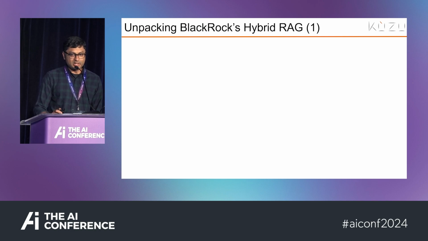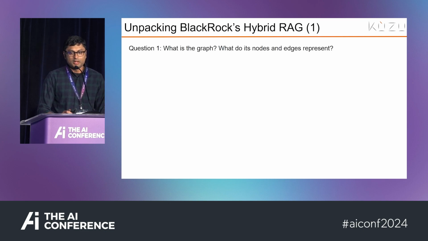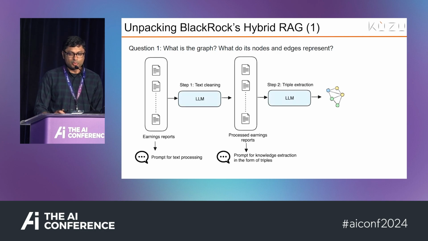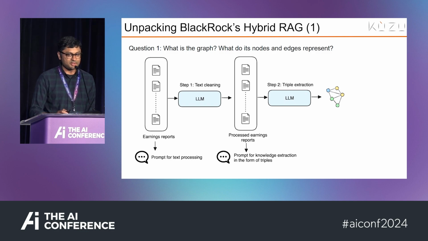So let's unpack this a little bit because it's worth understanding what exactly the graph is doing and why it is useful. So we'll go back to the framework that I just mentioned, which is: what is the graph? What are the nodes and edges based on this data set? The data set that was used in this study was a set of earnings reports from BlackRock's data set. And on the left side, you can see that there's stage one of this process in terms of how they construct the graph.